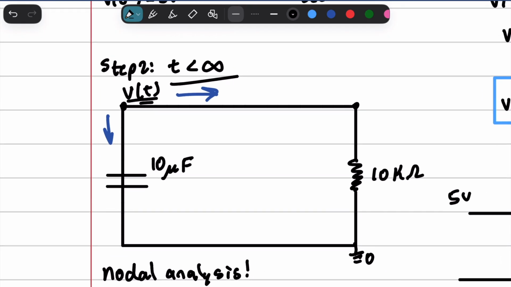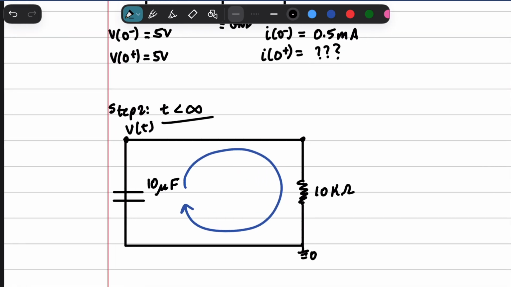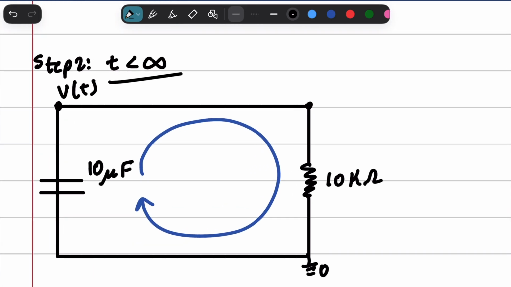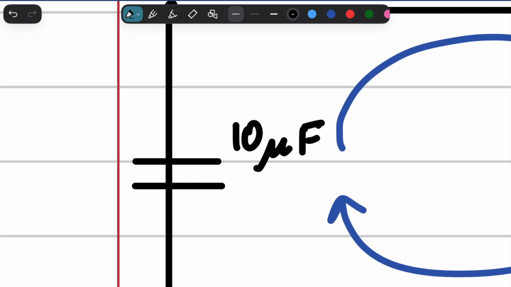And vice versa. If you want to find the current, then you're going to use a loop analysis instead of a nodal analysis. Well, right now we're trying to find the voltage with a loop analysis, so we're going to need a little bit of extra information.